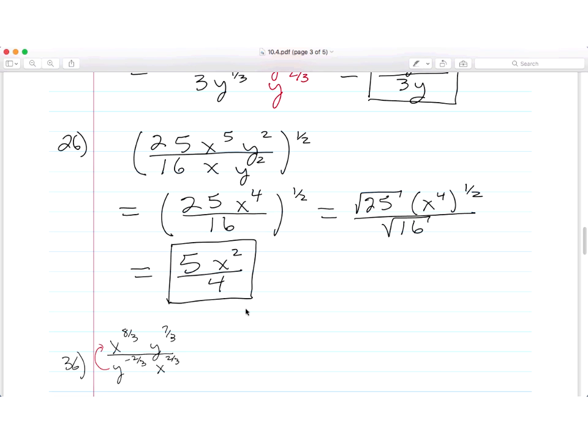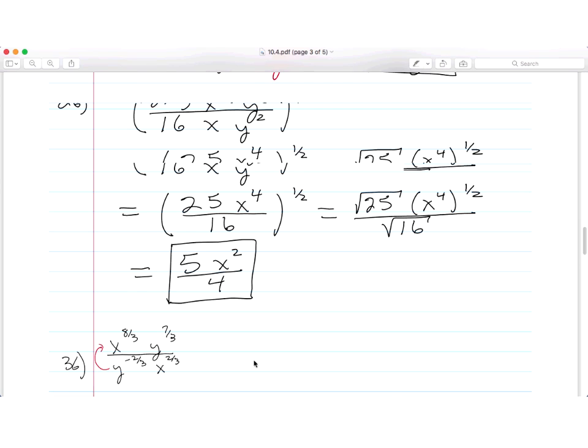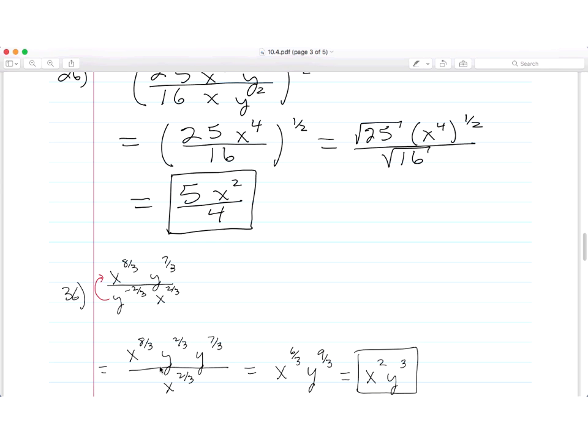Let me do problem number 36. x to the power 8/3, y to the power 7/3 over y to the power negative 2/3 times x to the power 2/3. So let's simplify this. First, let's deal with this negative exponent. So let's interchange it from the denominator up to the numerator. So I get x to the 8/3, y to the 2/3, brought up from the denominator, times y to the 7/3 over x to the 2/3.